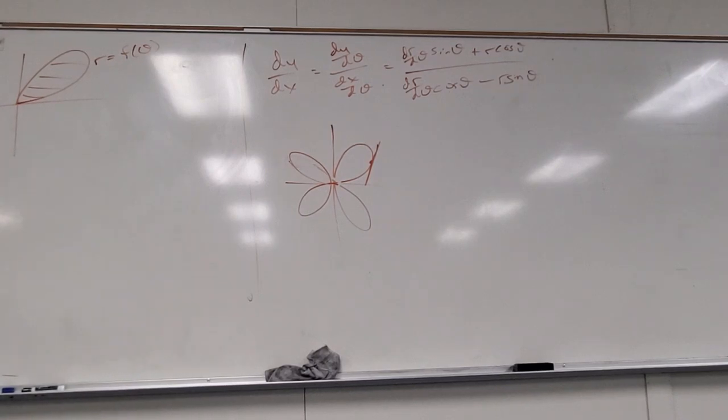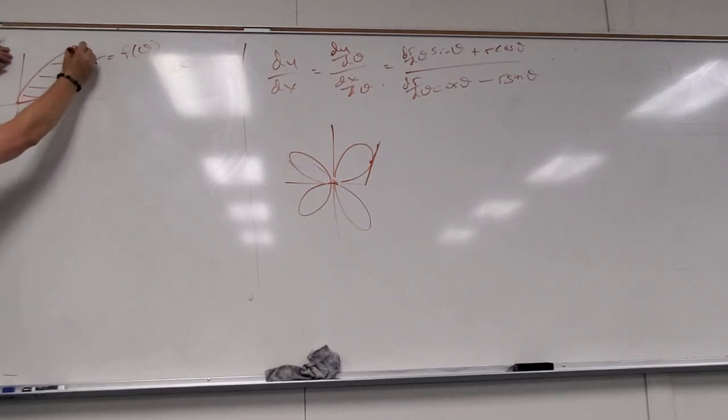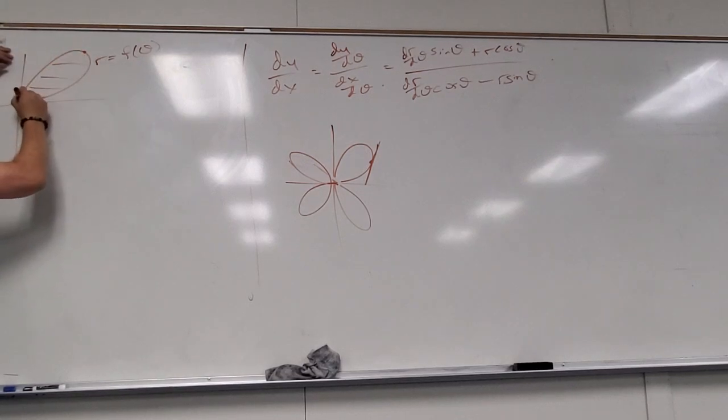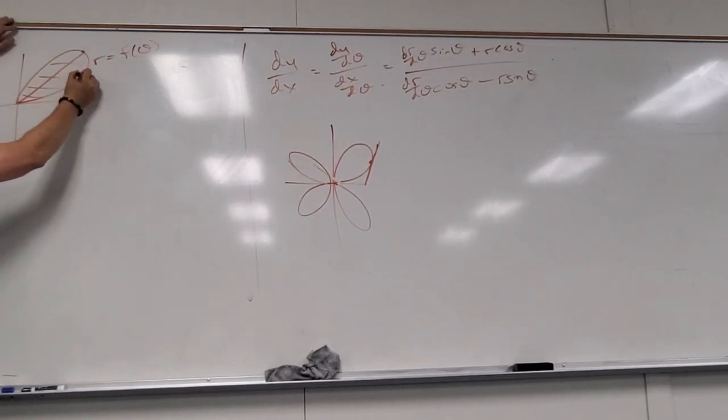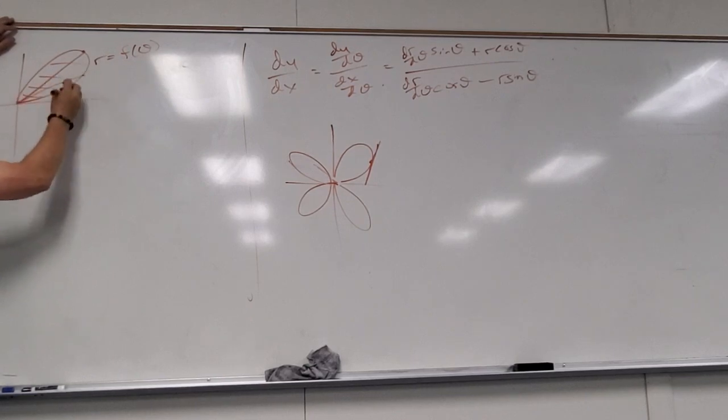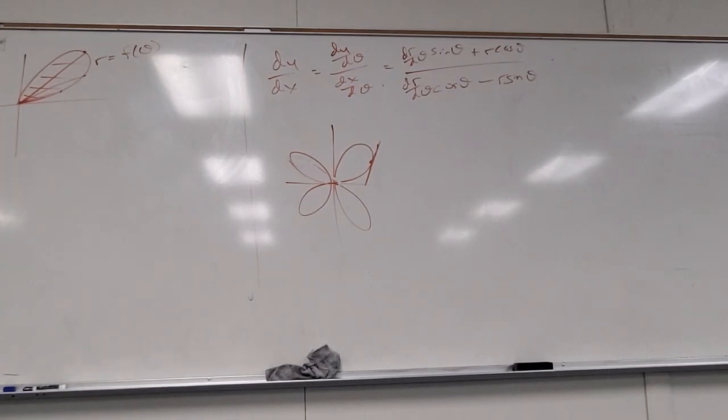And I want to know what that area is. By the way, I really want this to make sense. If theta is pi over 4, that's r there, right? You with me? If theta is pi over 6, maybe it's there. If it's smaller, it's there, and so forth, right? This is kind of cool.